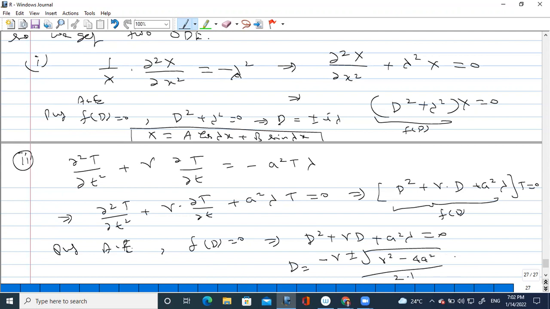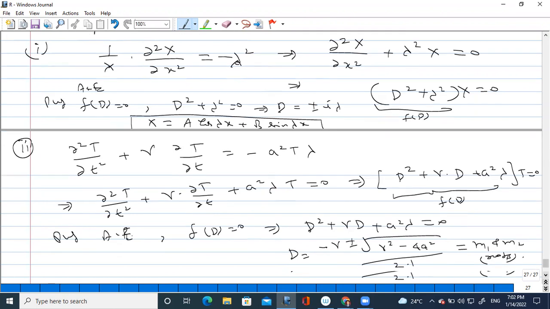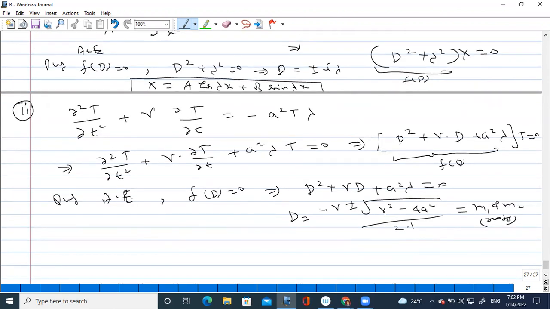Done. So by this you will get two roots, m1 and m2. Because we are learning the method, the exact answer will be taken when it is in the question. So t will be c1 e to the power m1 t plus c2 e to the power m2 t.